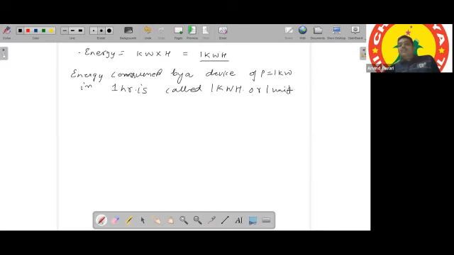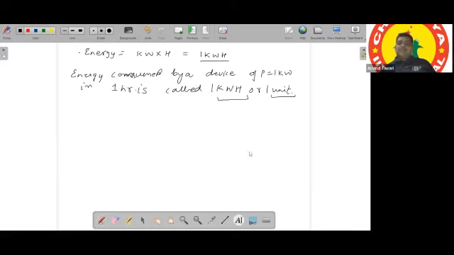This is also called 1 unit. Okay, unit is the SI unit of unit. We also call kilowatt hour. It is also read as unit. So do not confuse it. If you are given 30 units, 30 units means 30 kilowatt hour. Okay. So I think now you understand how we can find out the answers to this.